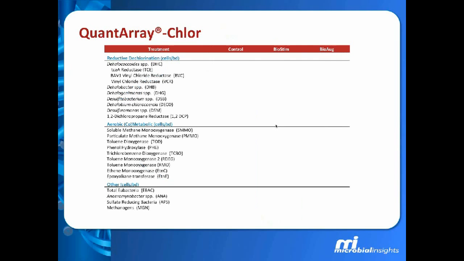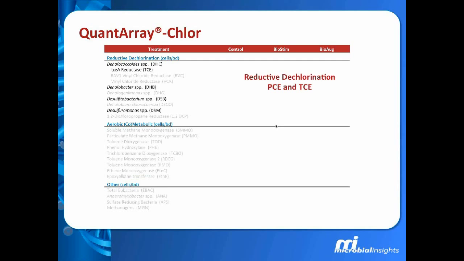Due to the 2 groups of contaminants present at the site, chlorinated ethenes and benzenes, and the number of potential degradation pathways, QuantArray was going to be simply the most cost-effective method to help us understand the microbial communities. As mentioned before, a number of different genera of bacteria may be contributing to reductive dechlorination of PCE and TCE.